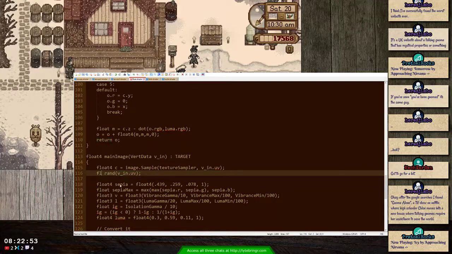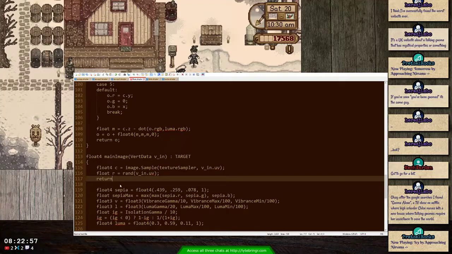Let's call that R. Return float4 of R, R, R, 1. So this should just give us the snow channel.